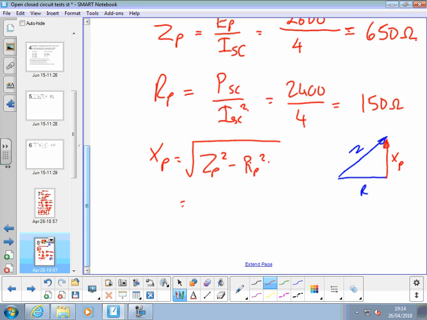That's root of 650 squared minus 150 squared. And I got 632 ohms.